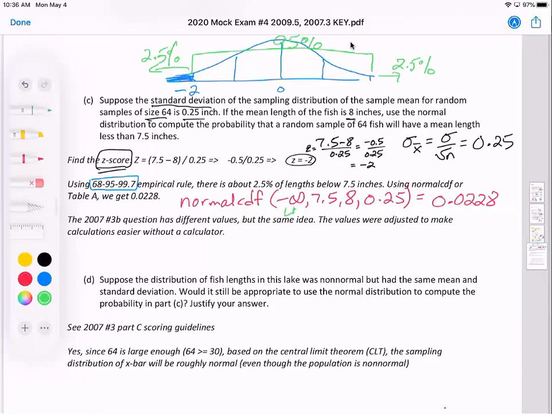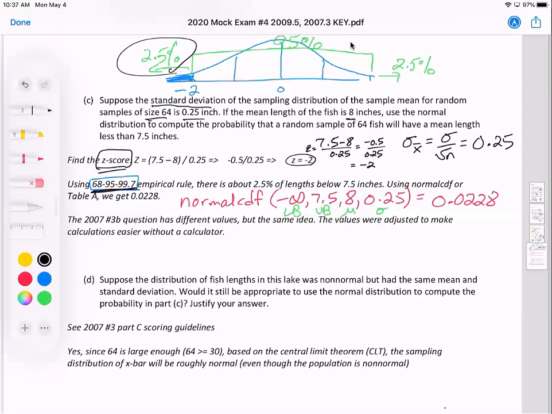Remember, you have to label lower bound, upper bound, mean, and standard deviation if you do have to use normal CDF. Normal CDF is kind of fair game. They've given us tables. I don't think it's likely that they'll ask you normal CDF. If they do, maybe they'll ask you an empirical rule question where you don't even need normal CDF. You can estimate that the answer is 2.5% based on the empirical rule.